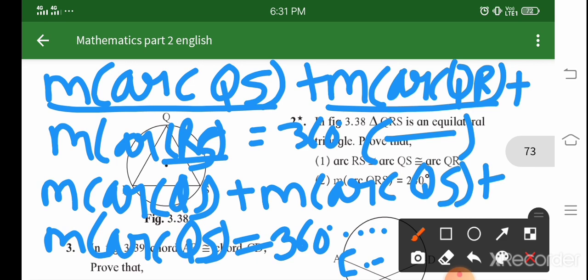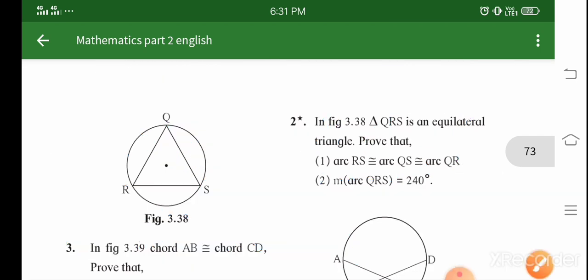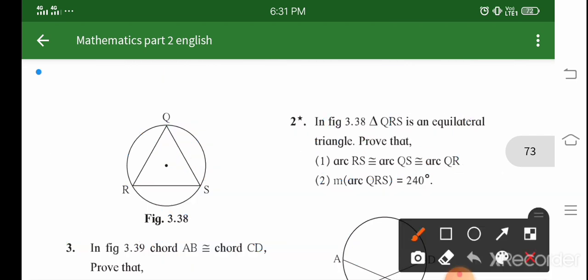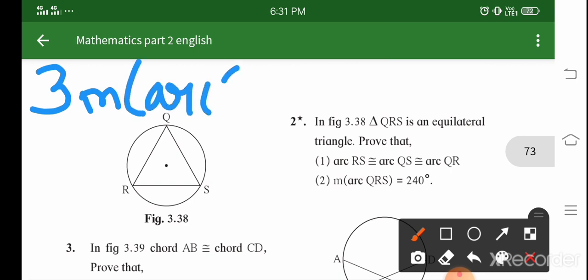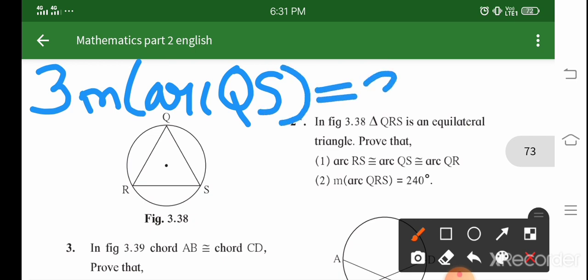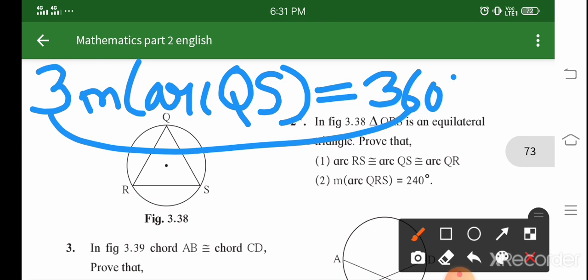Now, QS, QS and QS gives 3 QS. So write 3 measure arc QS is equal to 360. Now take this 3 and divide it, because it is in multiplication form. When you divide, you will get 120.